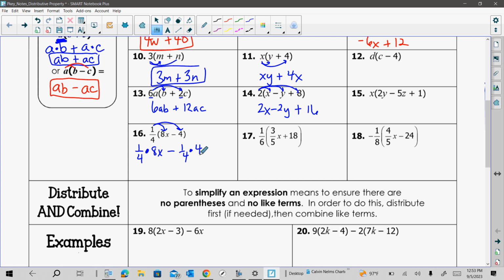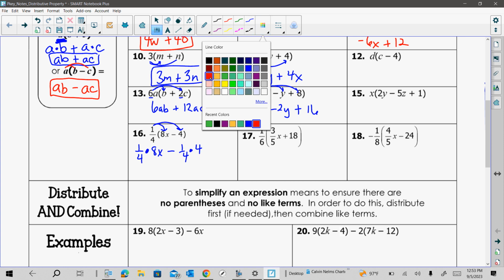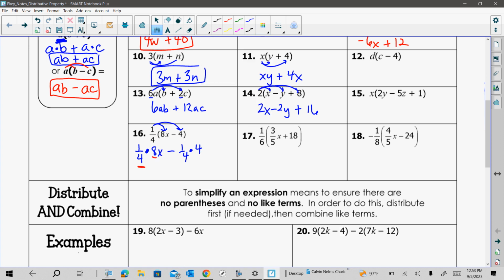So from here, I wanted you to recognize that you're going to multiply the 1/4 and the 8 over 1. You can do that as 8 over 1. Now, the calculator will simplify this for you, but you have to know how to get to the fraction box in the calculator.